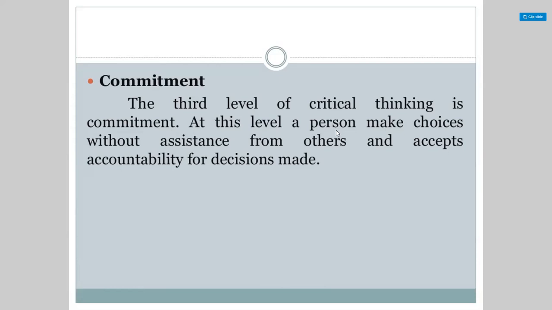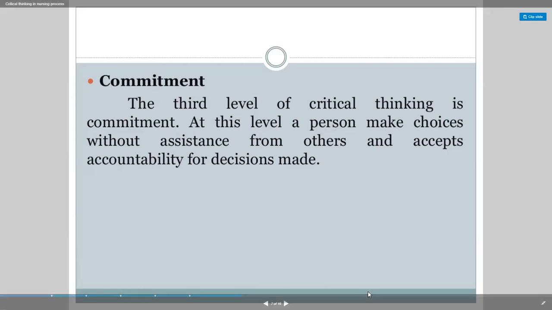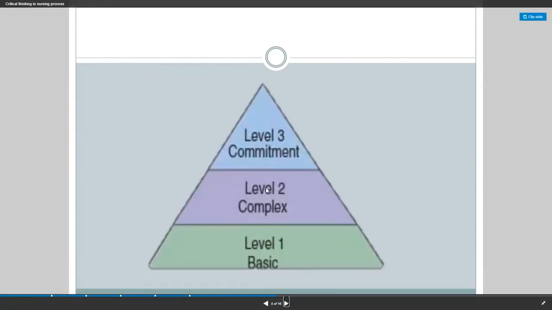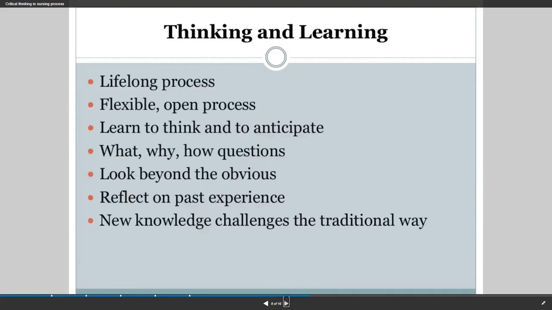If anyone from a higher authority comes and asks why you have done this, you should be ready to answer. That answer should be very relevant and efficient. Okay, that is about the commitment. So level 3 is the commitment, level 2 is complex, and level 1 is the basic.